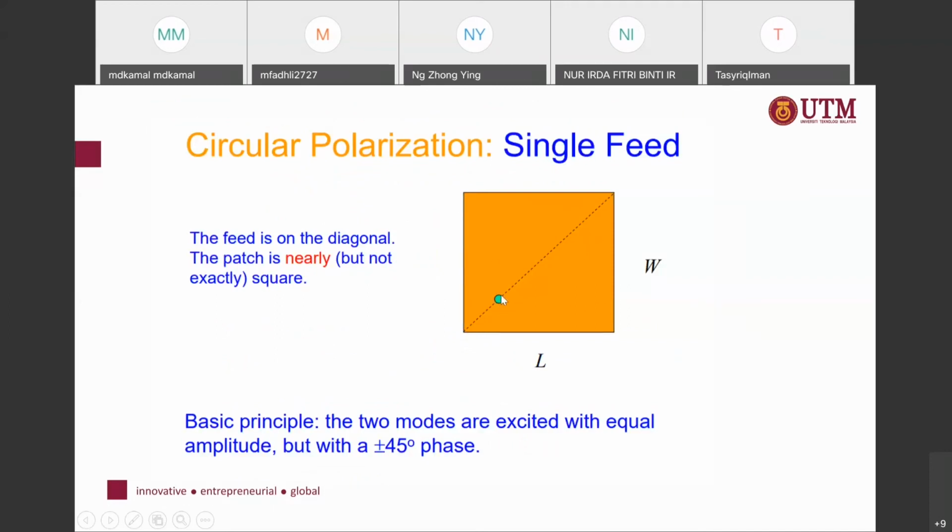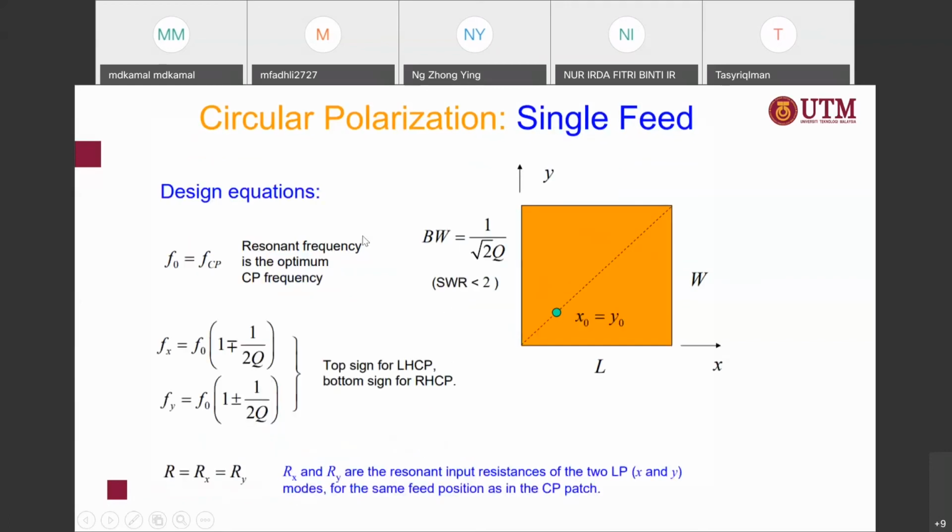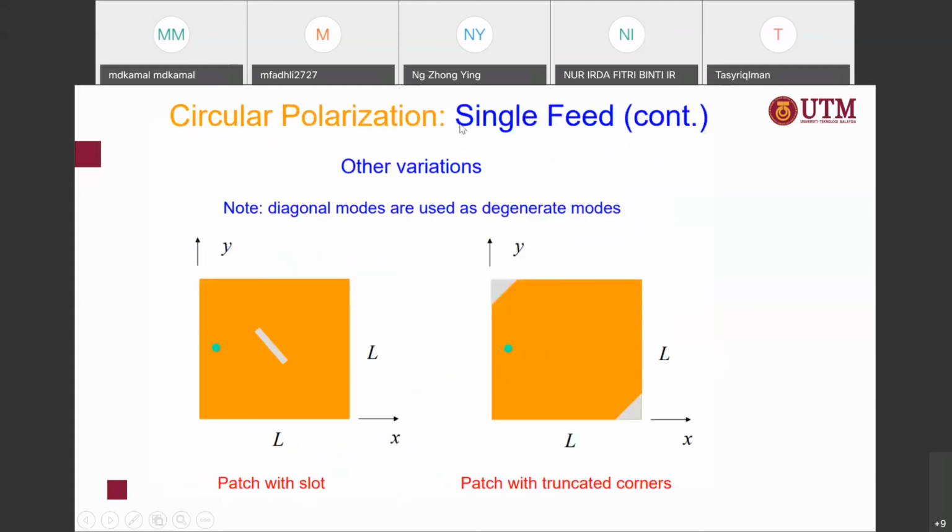You can feed at the edge here of your rectangular or circular patch. Okay, so circular polarization single feed here. How you calculate this x₀ and y₀. Or you can do some slots here, or you can use the taper here.